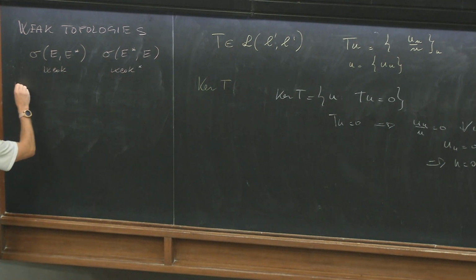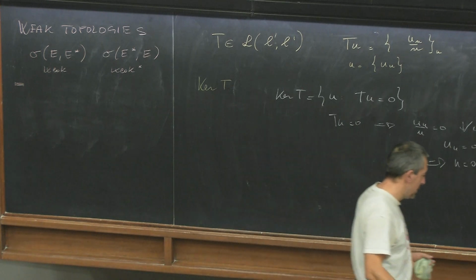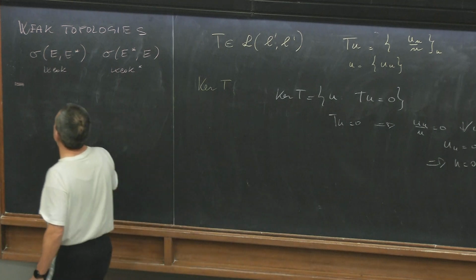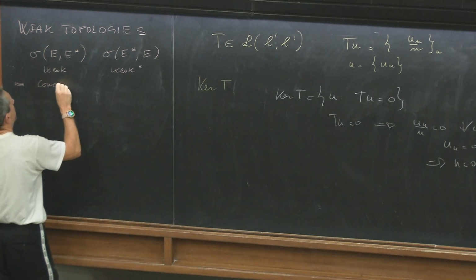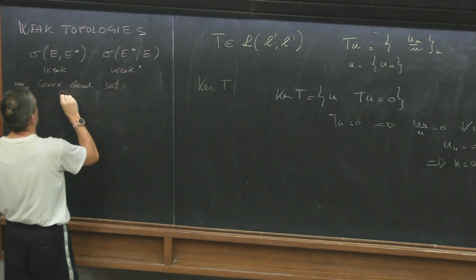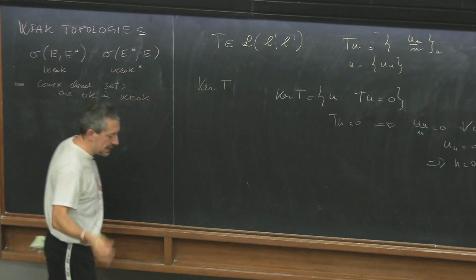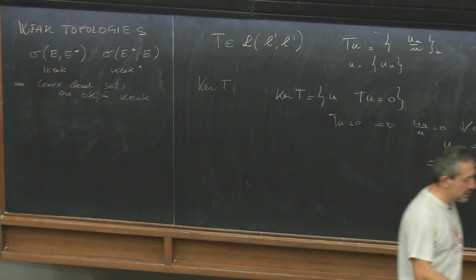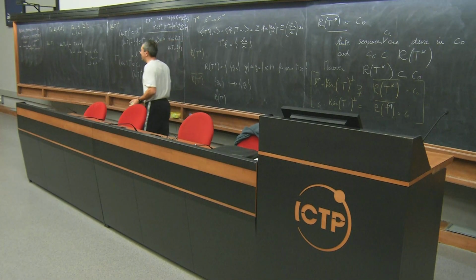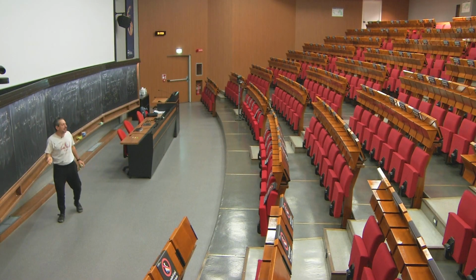Okay, and now we start with the theorem. These topologies are weaker than the strong one, and so the first thing is that convex closed sets are closed in the weak topology as well. This means that if a set is closed and convex in the strong topology, it is closed in the weak; the converse is clear, because of Hahn-Banach.